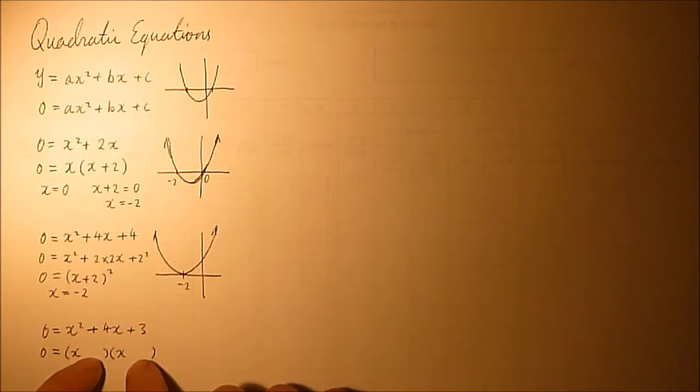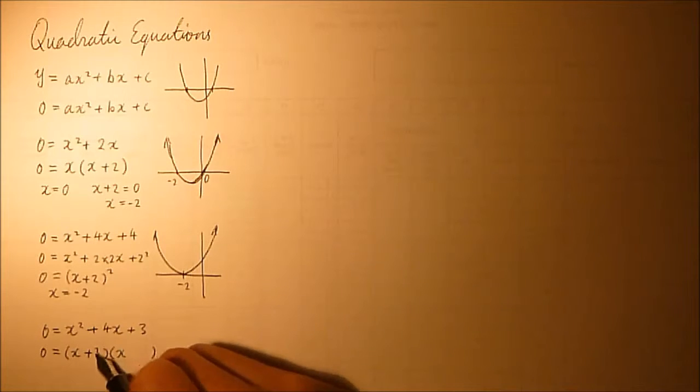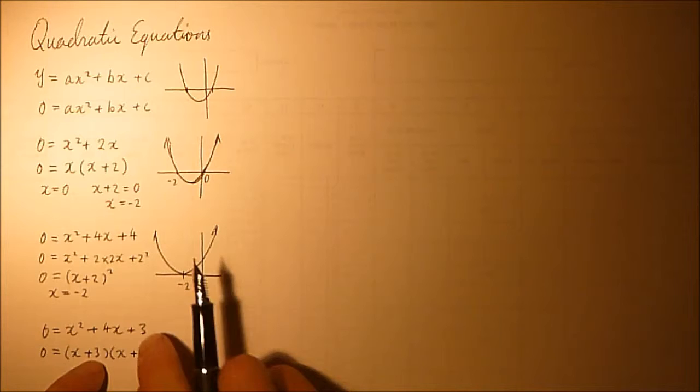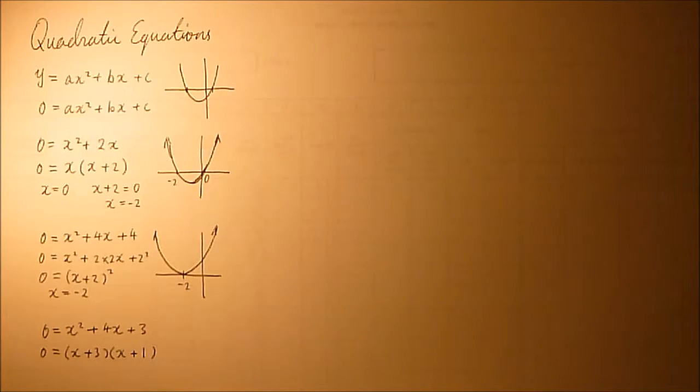And if you add them together, they should give you positive 4. So there are only two possible numbers here, positive 3 and positive 1. So we put them down. As you can see, 3 times 1 is 3, and 3 plus 1 is 4. So that's our factorized form.